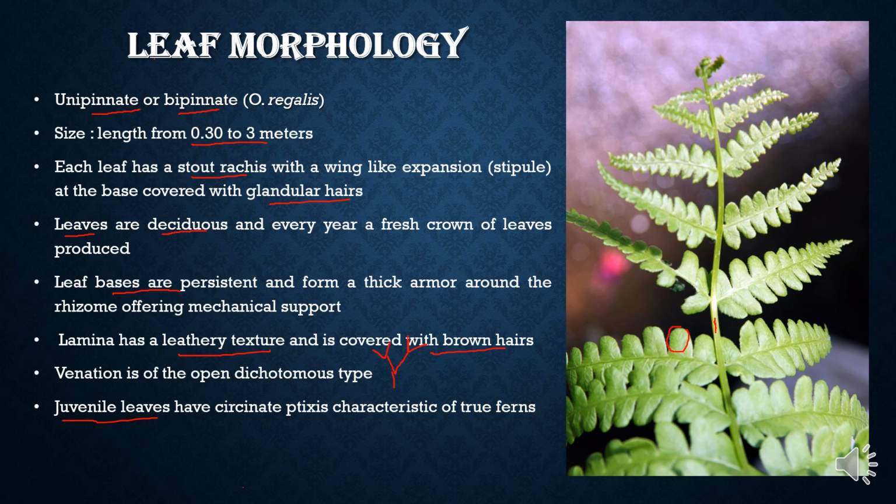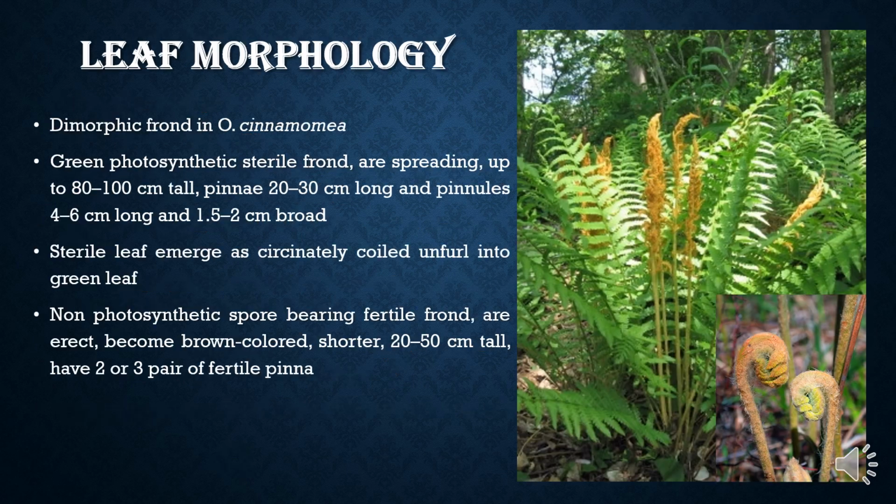So by repeated dichotomy, they have a reticulate type of venation. And the juvenile sterile leaves form a circinate vernation, but the fertile leaf does not have this type of circinate vernation.